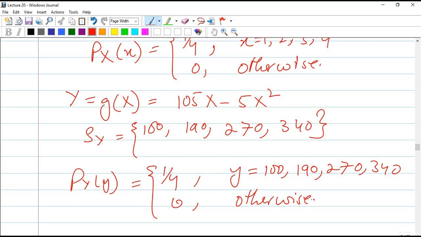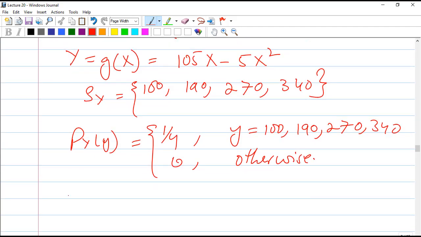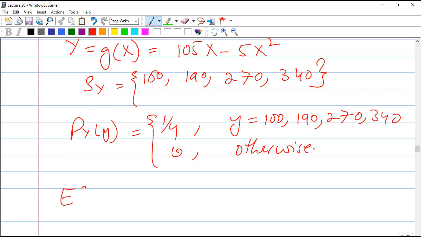Now it also says to find the expected value of y. So expected value of y is simple, we know that it is the summation over y belonging to the range of y of y times py of y.